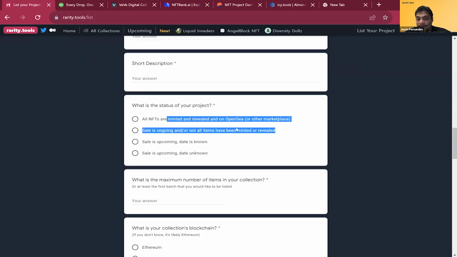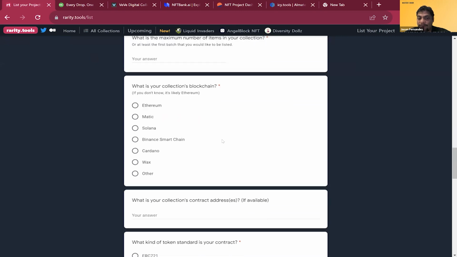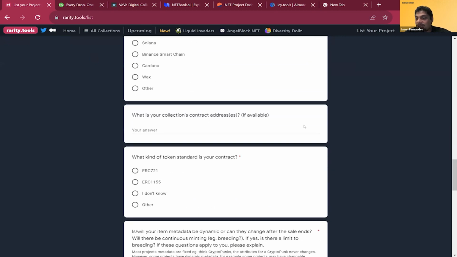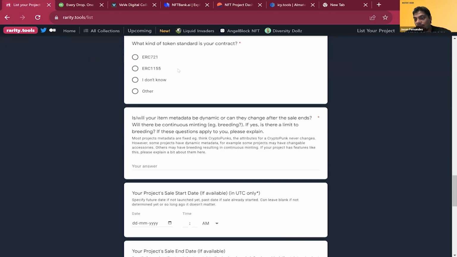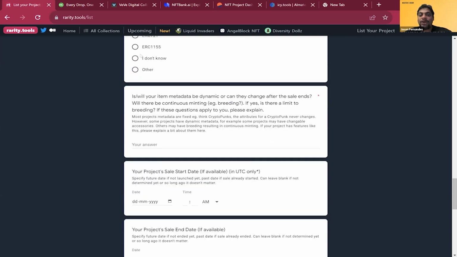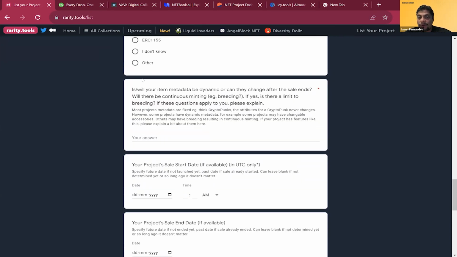Are the NFTs minted, for example? So these are some of the questions that people will ask. What's the blockchain that is built on? What is the contract address? What is token standard? So you notice when I was doing on Rarible, I had the option to mint an ERC 1155 token. So you could put that in, or you could even just say, I don't know.